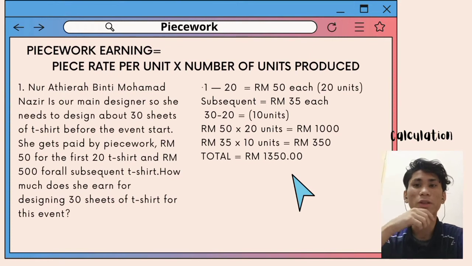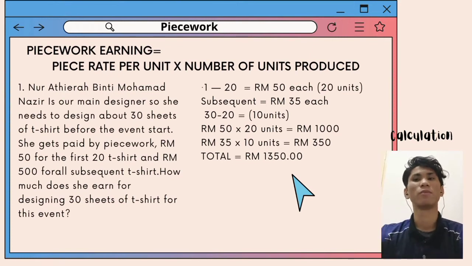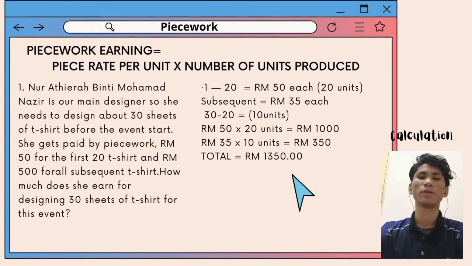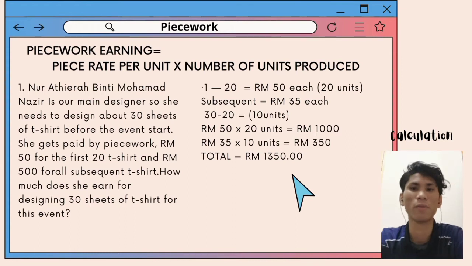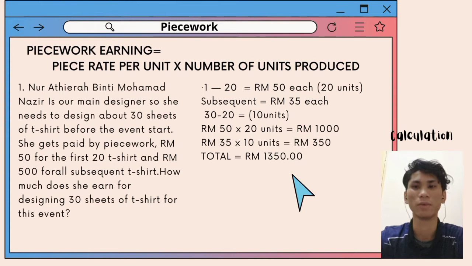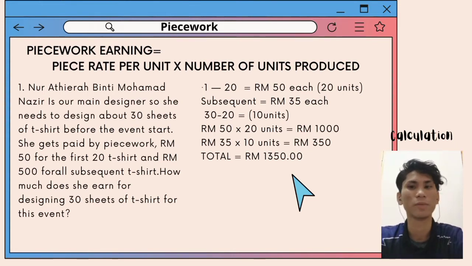Piecework earning equals piece rate per unit times number of units produced. For example, Nur Atira binti Muhammad Nazir is our main designer, so she needs to design 30 t-shirts before the event starts. She gets paid RM50 for the first 20 t-shirts and RM35 for each additional t-shirt.